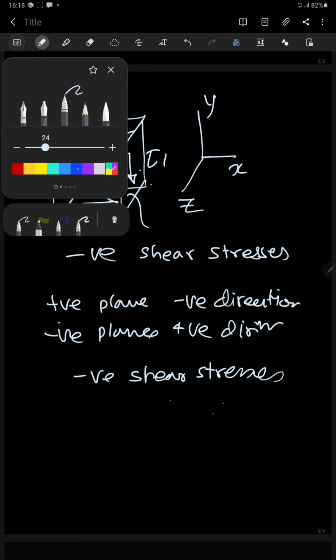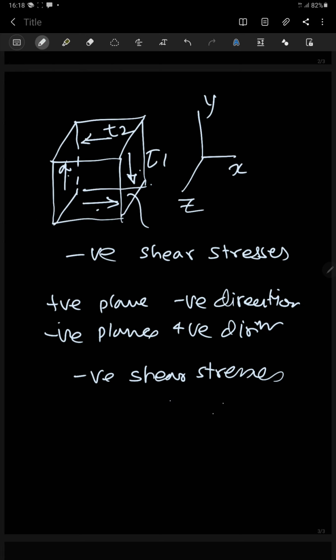Now, supposing this shear stress and this shear stress are acting in parallel planes, equal and opposite to each other.